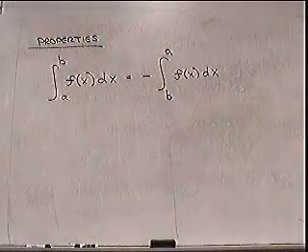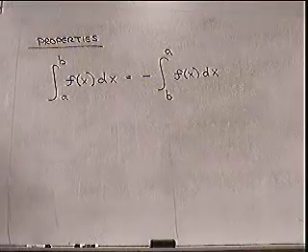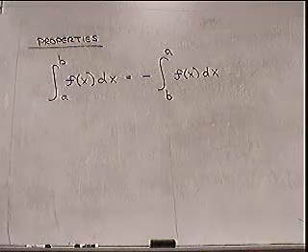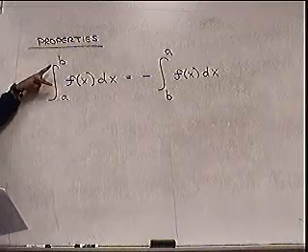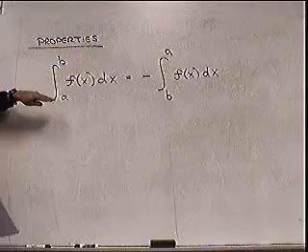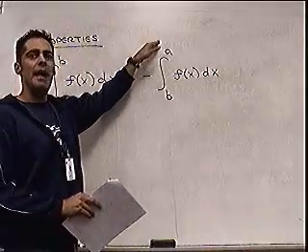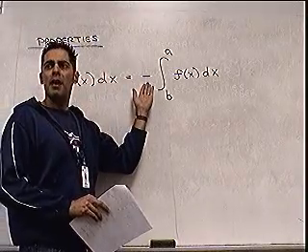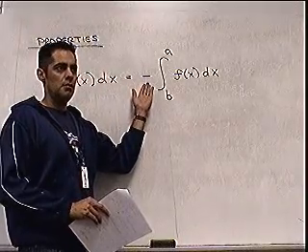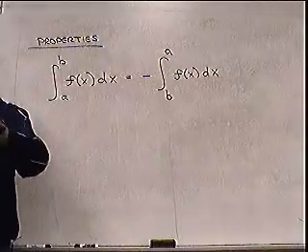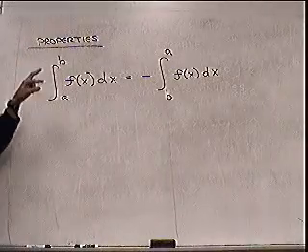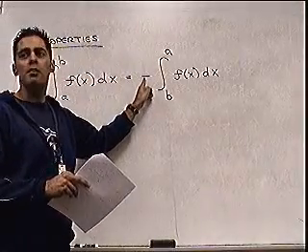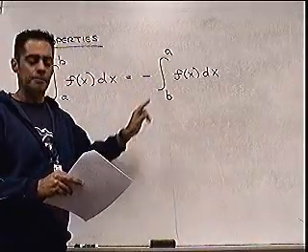What is that property telling you? If you flip your limits of integration around, going from b to a instead of a to b, it has the effect of changing everything by a sign. That's important because later on you might have an integral where you want to flip the limits, and if you do that, you have to change the integral by a sign. That's the first property.